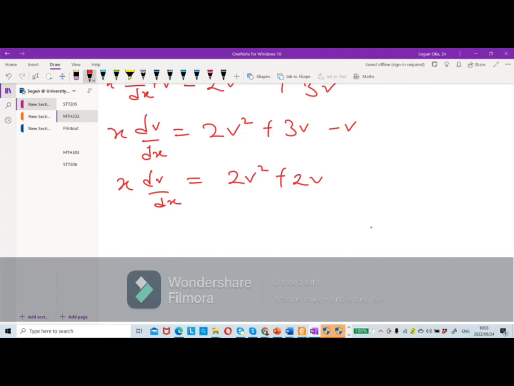So when I have 2v, what next do I need here? I can take 2v out. I can say x dv dx equals 2v in brackets v plus 1.